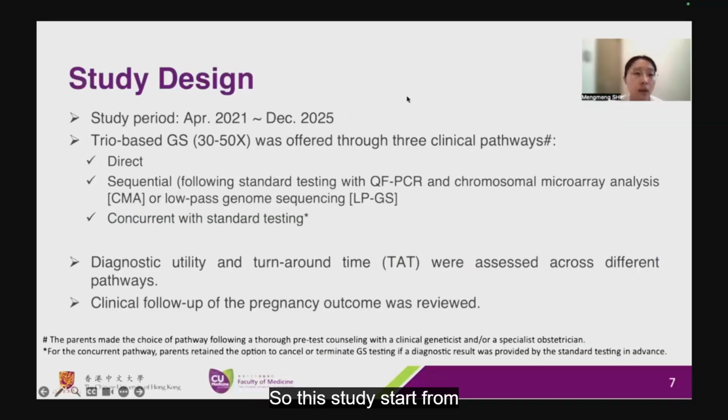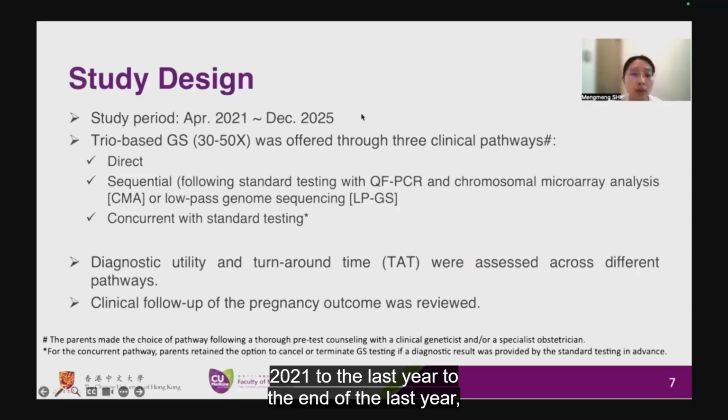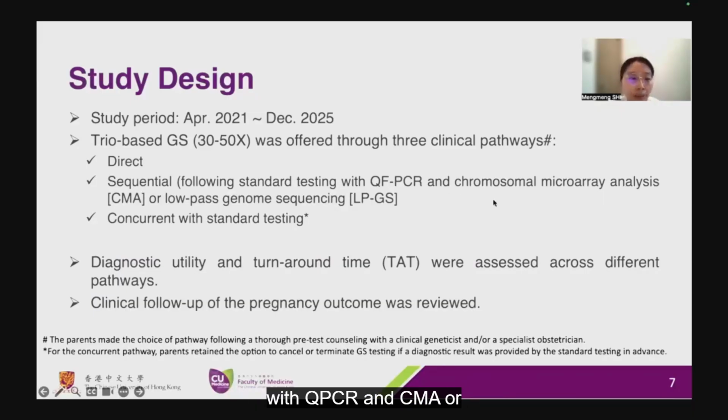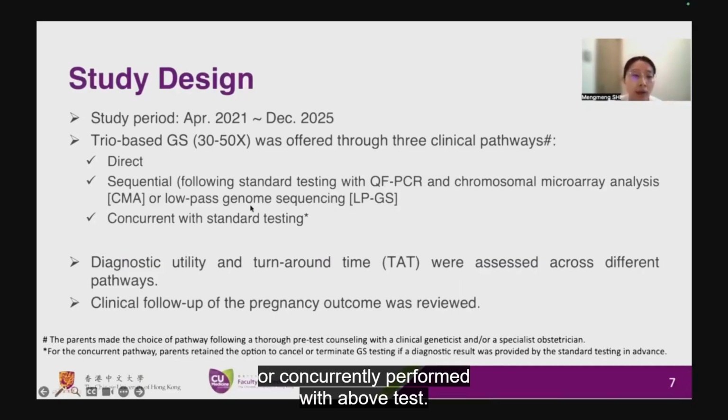So this study starts from 2021 to the end of last year, and trio-based genome sequencing was offered through 3 clinical pathways: directly go to the genome sequencing after excluding the maternal contamination, or sequentially following the standard testing with qPCR and CMA or low-pass genome sequencing, or concurrently performed with the above test.